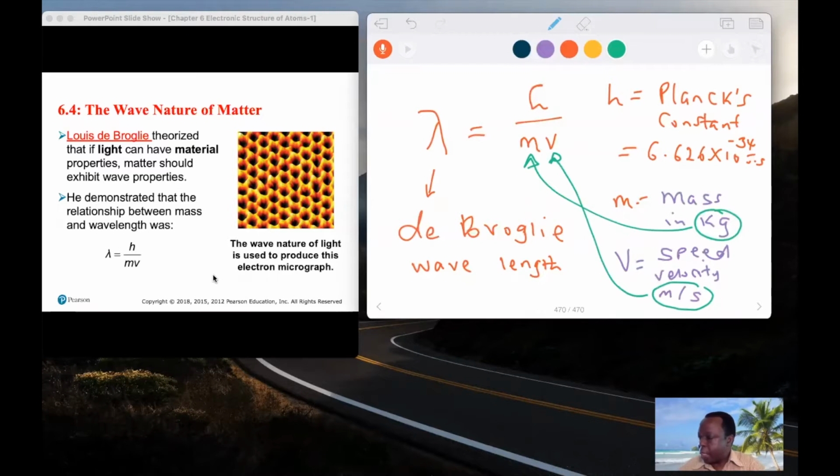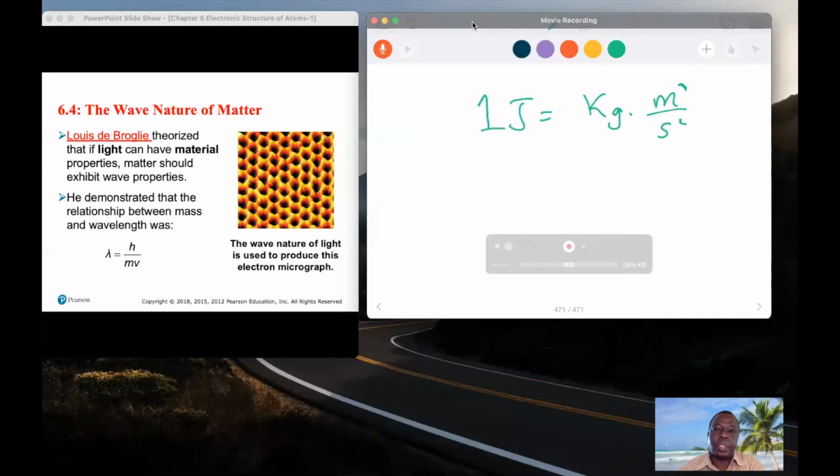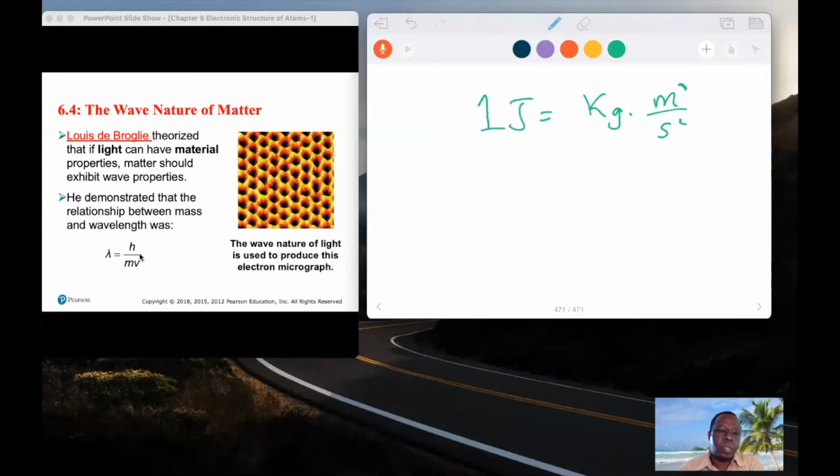The reason is we will have to reconcile with the SI unit for energy, which we saw earlier on, that 1 joule equals kilogram times meter squared per second squared. This is a conversion we'll use in getting the wavelength.